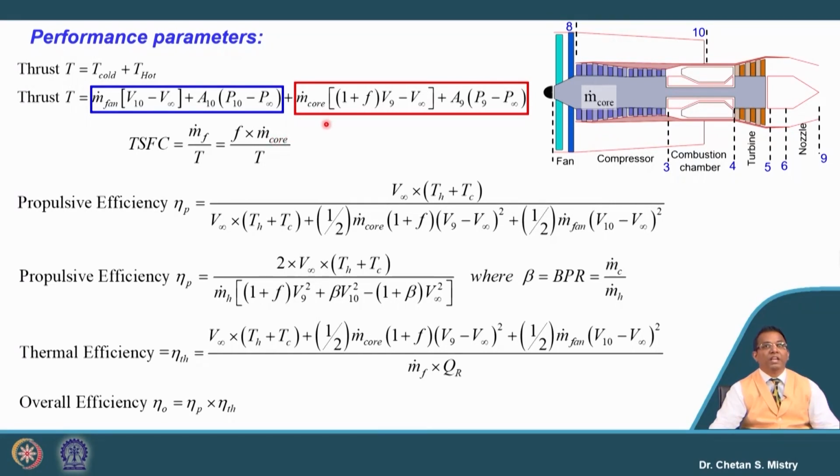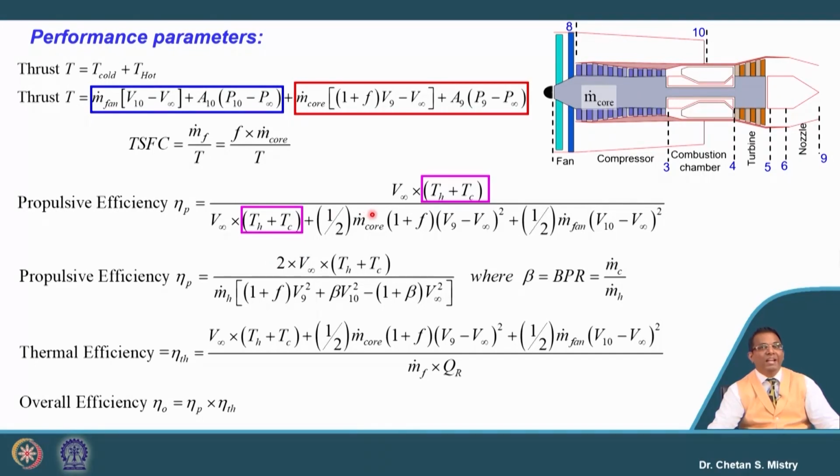This is basically what is passing through our core engine. For the propulsive efficiency, we write V infinity into thrust, but the thrust we write as the total thrust. It is hot thrust plus cold thrust. Okay. Similarly, in the denominator we will have hot thrust plus cold thrust.